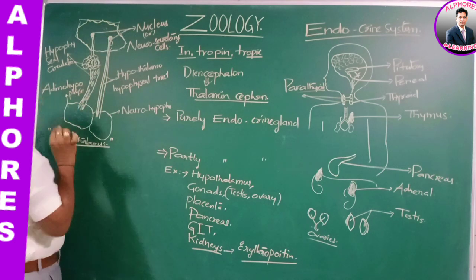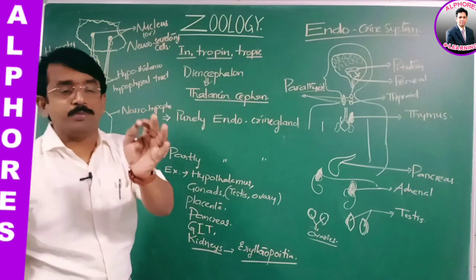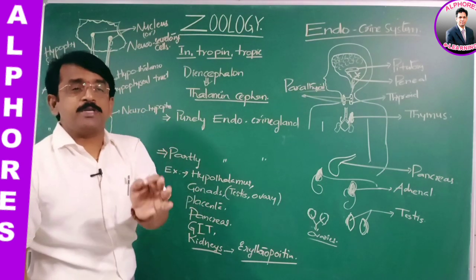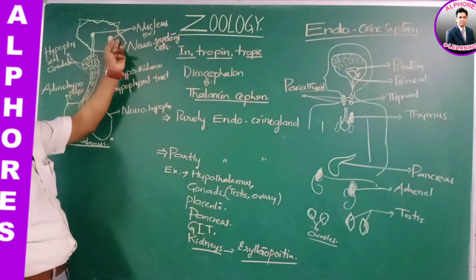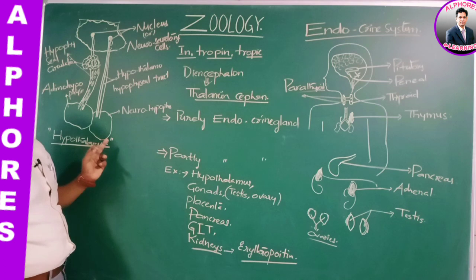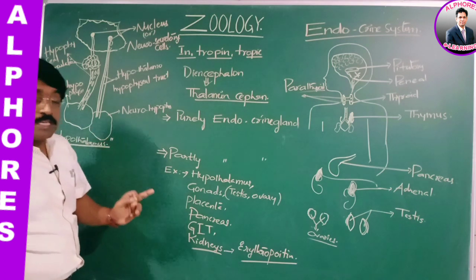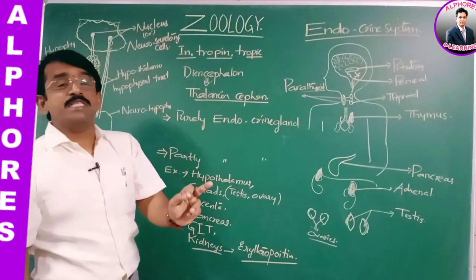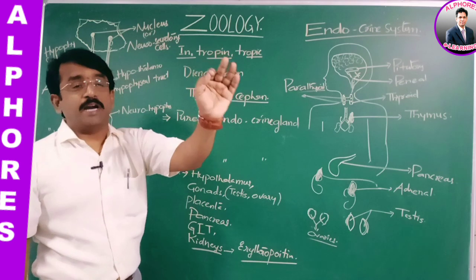The neurohypophysis releases the hormones ADH or vasopressin and oxytocin, which are in fact synthesized in the hypothalamus and brought into the neurohypophysis, and from there they are released. This is the reason why the hypothalamus intimately connects the nervous system with the endocrine system.